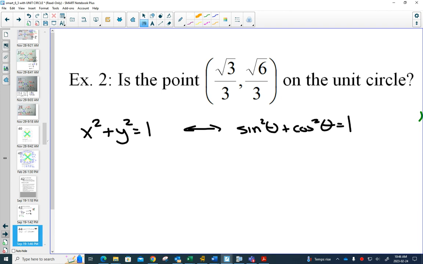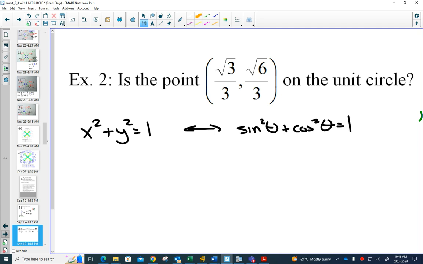So if this point is on the unit circle, if we square the x coordinate and square the y coordinate and find out what it's equal to, if it equals 1, we can say it's on the unit circle. If it doesn't equal 1, then we can say it's not on the unit circle.